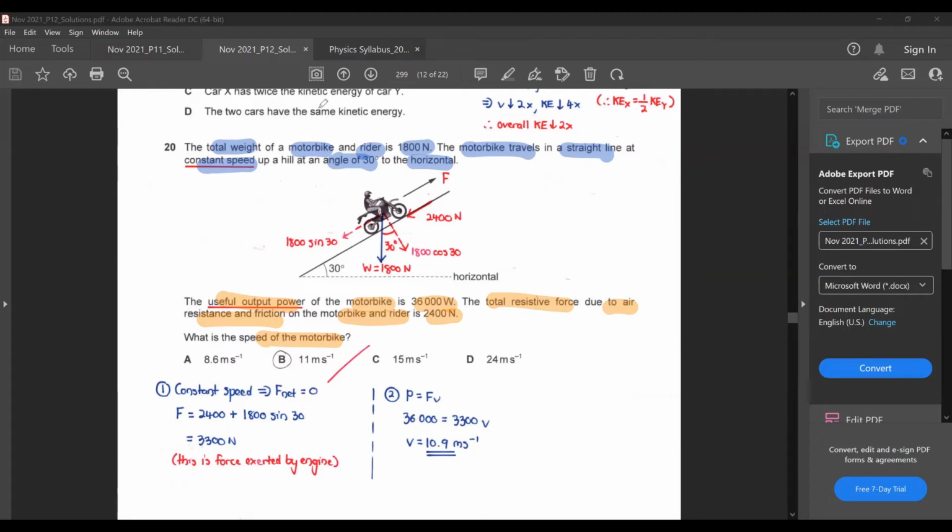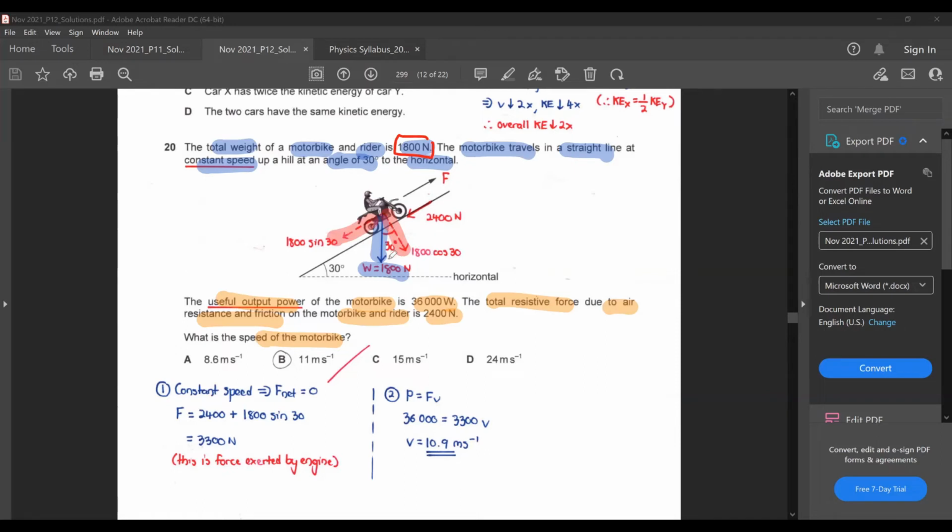So they tell you that your weight is 1,800 newtons. It is actually this one here. So you want to resolve this weight into two perpendicular components, one parallel to the slope and one perpendicular to the slope. So you want this and this.